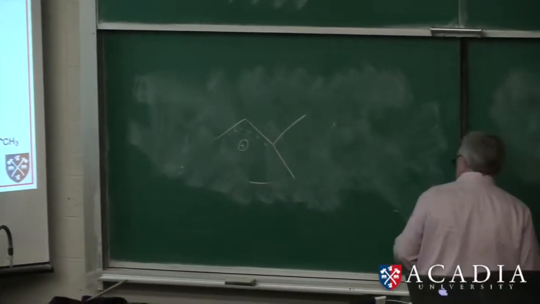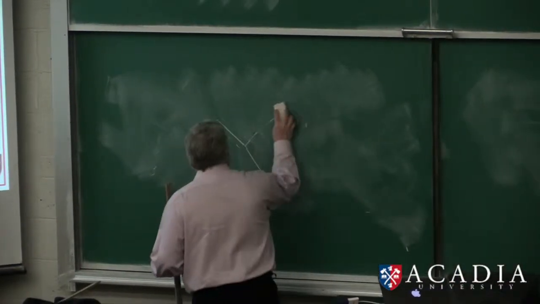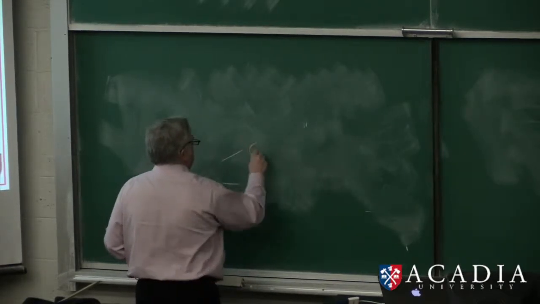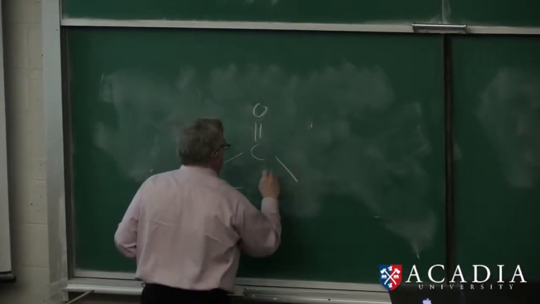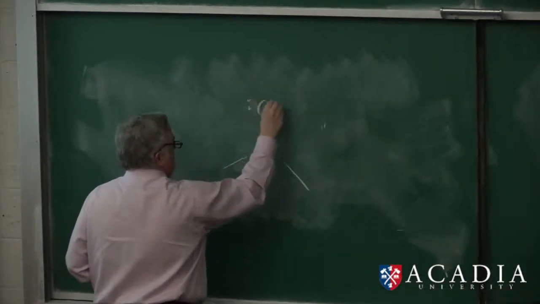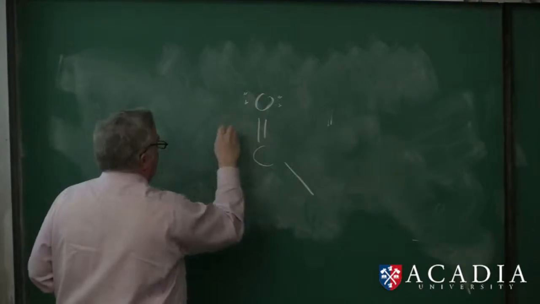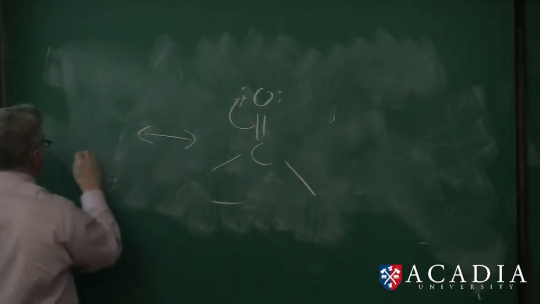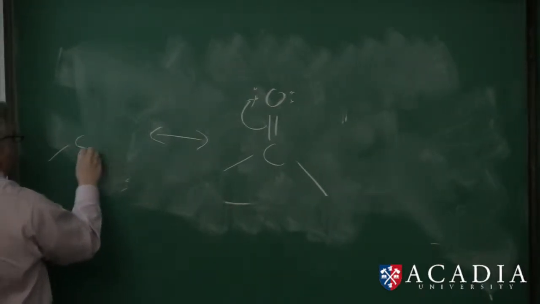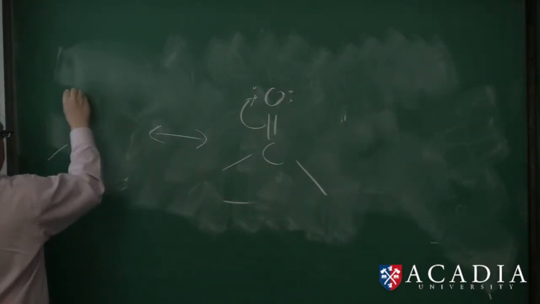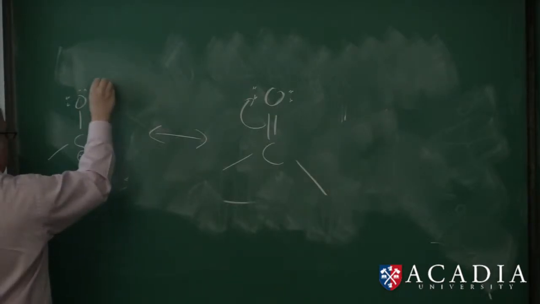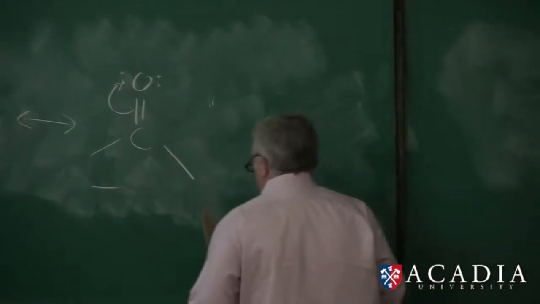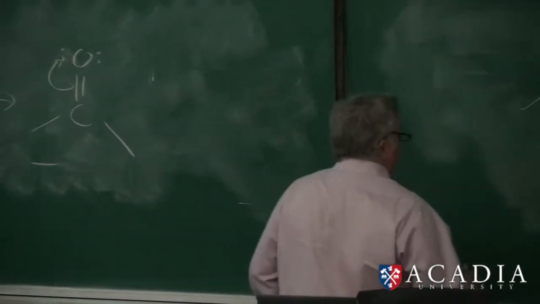So if we start off with acetone, we can push our electrons like this to get this resonance structure. We could also push our electrons. How convenient, we have acetone right here.